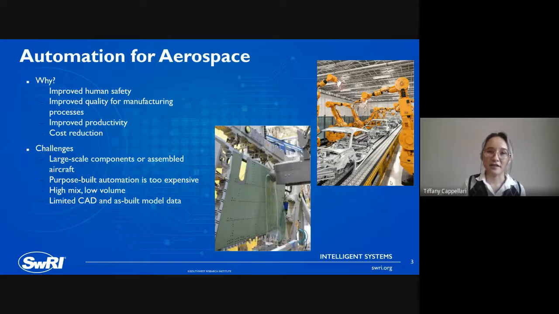Today I'm talking about one of our projects for automation for aerospace. The reason we work on these projects is to improve human safety as well as the quality of manufacturing processes for building these planes, and it would also improve productivity and reduce costs. However, of course, there are many challenges to these projects.